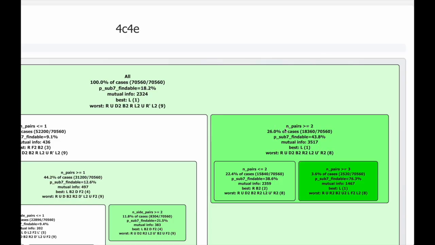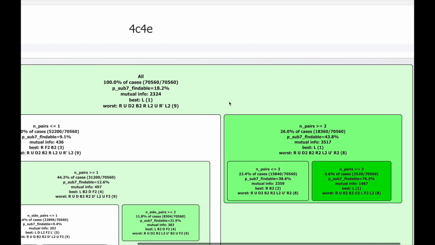So you should be NISing at least 2 pairs. Any 2 pairs or more, that's 43%, and that's what you should do. This is the rule of thumb that most solvers use. Don't limit yourself to only 3 pairs, and then you're down to 3.6% of cases. So 2 pairs for 4C4E.